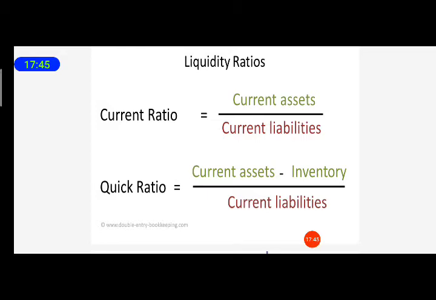Then the formula of current ratio is current assets divided by current liabilities. The current ratio is called the working capital ratio. Then the second ratio is the quick ratio.